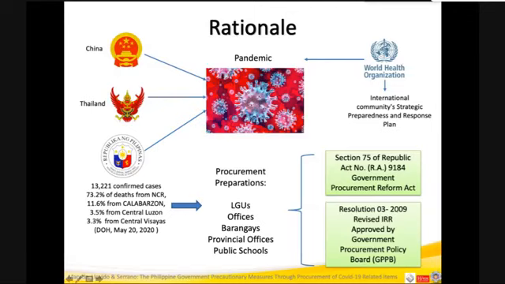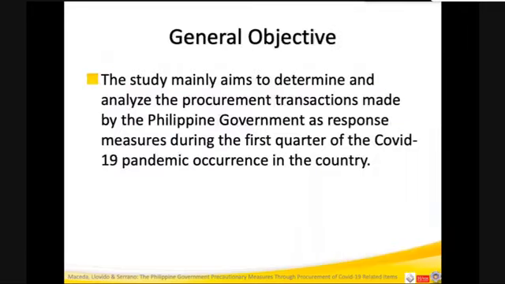Now with this, the various government agencies like LGUs, the government offices, barangays, provincial offices, and public schools nationwide made its preparation by procuring necessary items during the first quarter of the year. And their procurements, however, are mandated to follow the revised IRR pursuant to Section 75 of Republic Act number 9184 and Resolution 03/2009 as approved by the GPPB.